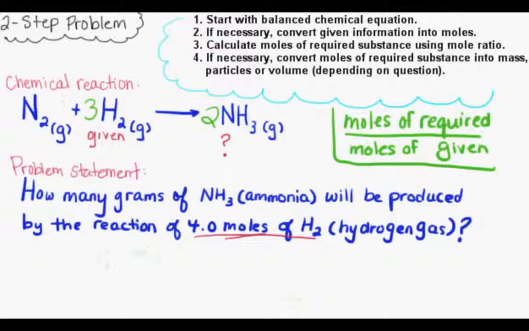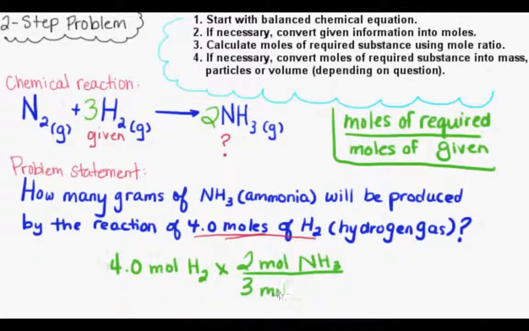Okay, so now what we're going to do is take the 4.0 moles of hydrogen gas and multiply it by our mole ratio. So moles of required, so there's 2 moles of ammonia in the balanced chemical equation over, and from the coefficient here, there's 3 moles of hydrogen gas. So now you have your mole ratio set up.